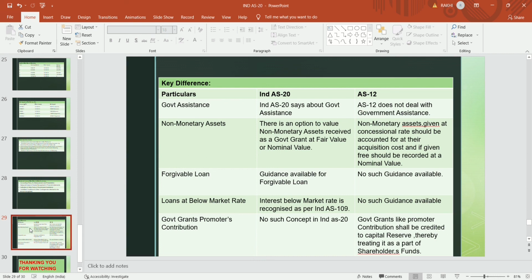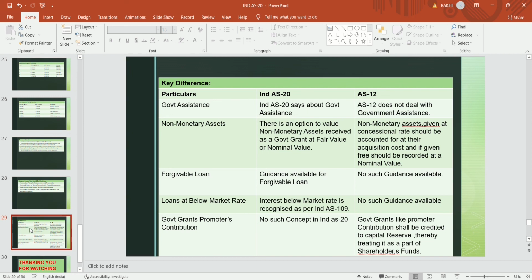Non-monetary assets. In AS 12, a non-monetary asset given at a concessional rate should be accounted for at the acquisition cost. In AS 12, it will be accounted at acquisition cost or a nominal value. There are two costs, and if given free it should be recorded at a nominal value.